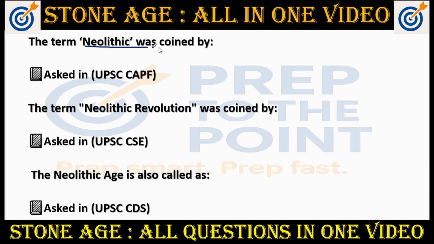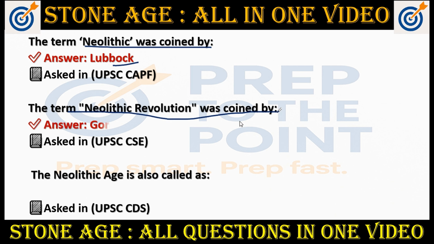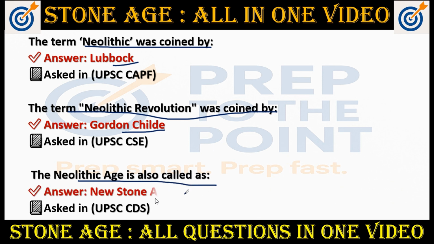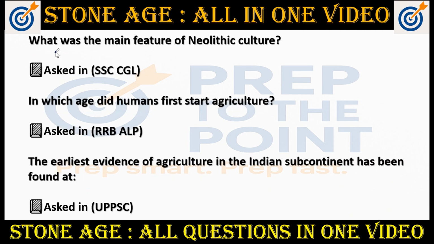The term Neolithic was coined by Lubbock, and the term Neolithic revolution was coined by Gordon Childe. The Neolithic age is also called as New Stone Age. What was the main feature of Neolithic culture?